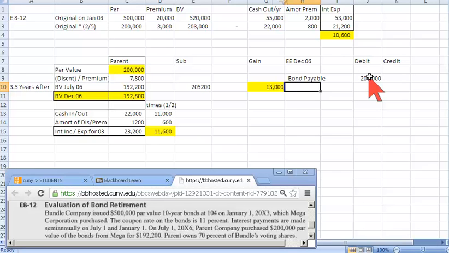We'll also be decreasing our investment in the bond, which is the book value here.